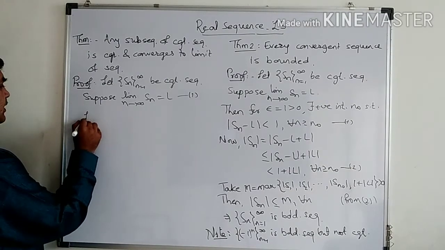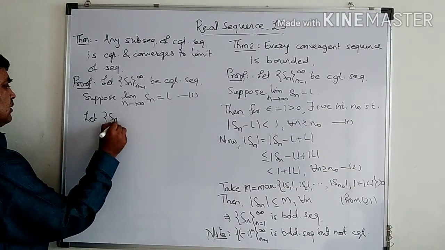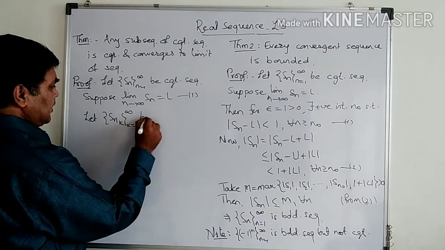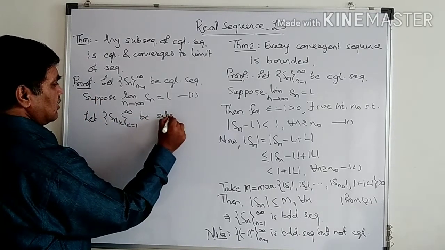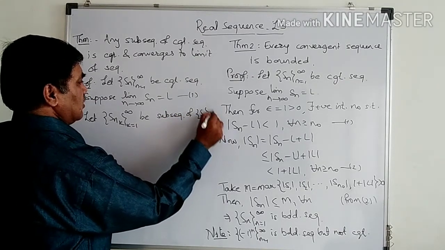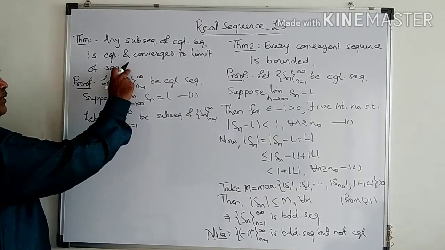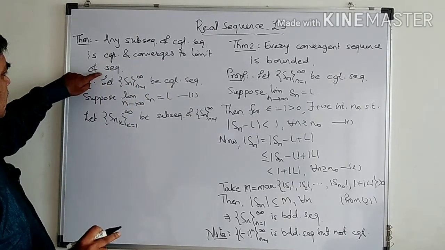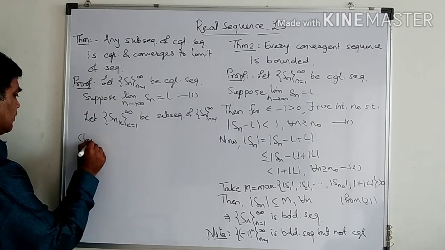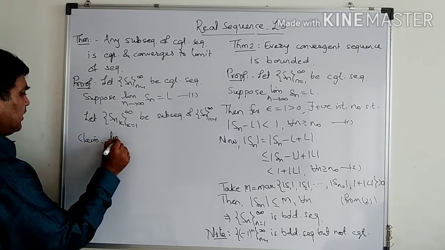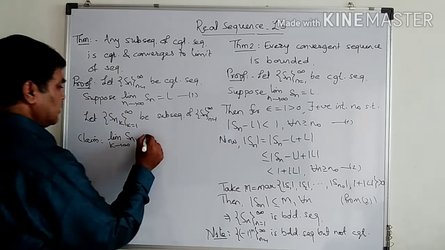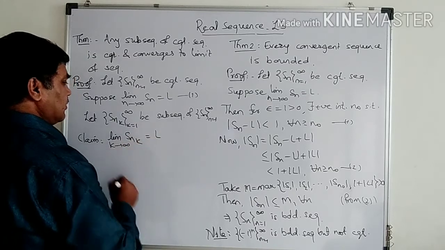Let Snk, k equal to 1 to infinity, be a subsequence of Sn. What is our aim? Snk is convergent and converges to the limit of the original sequence. What is our claim? Limit of Snk as k tends to infinity must be L.